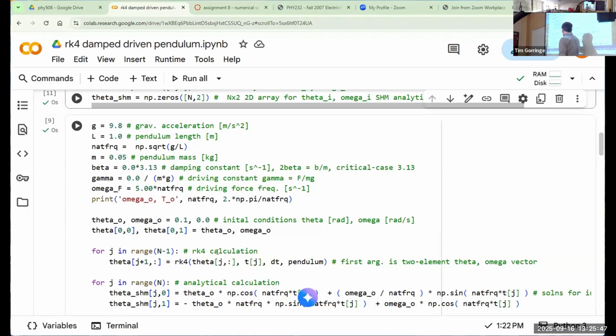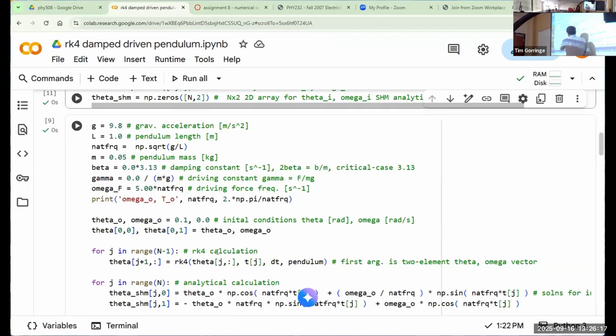So this is the core. It takes the current values of theta and omega, theta i, omega i, and projects to the next clock tick, calculates theta i plus 1, omega i plus 1. And it just does that time and time again through all our little ticks in time.